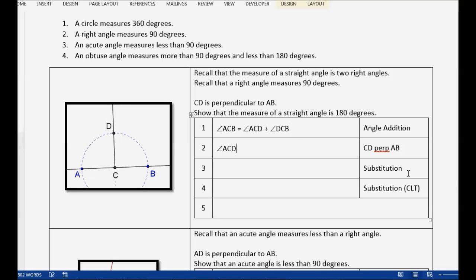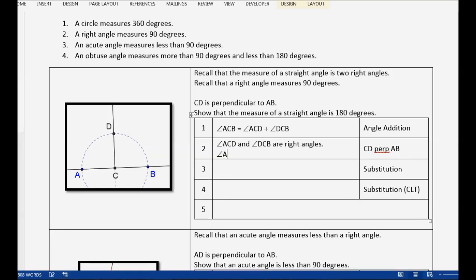We know that angle ACD and angle DCB are right angles because of the perpendicular lines. And this also means that angle ACD is equal to 90 and that angle DCB is equal to 90. So, we're going to take this and we're going to make a substitution. Go ahead and do that. Angle ACB is equal to 90 plus 90.